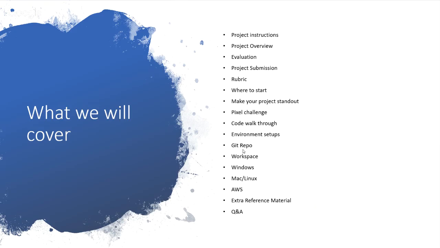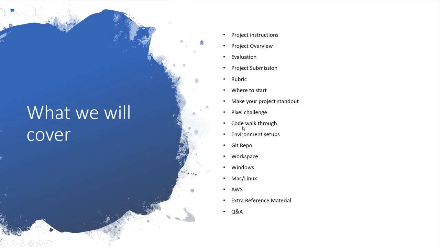I'll be going through a code walkthrough within the workspace, and also environment setups for Windows, Mac and Linux, which I'll be doing on an Ubuntu system, and AWS, and then some extra reference material that I'd recommend looking at, and also a Q&A as usual.